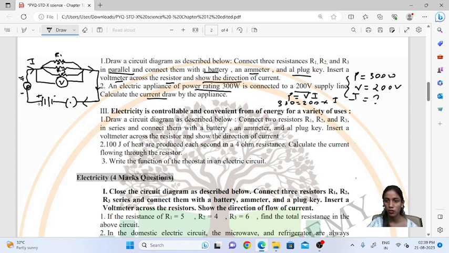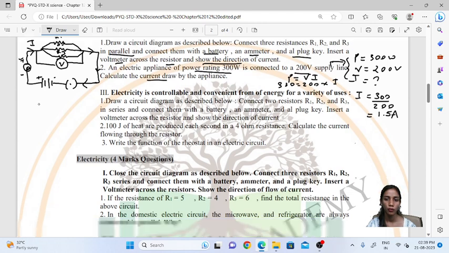So this can be solved as I equals 300 upon 200, which comes to 1.5. Now what is the most important thing over here? Writing the SI unit. The SI unit of current is the ampere. So this is the solution of this problem.